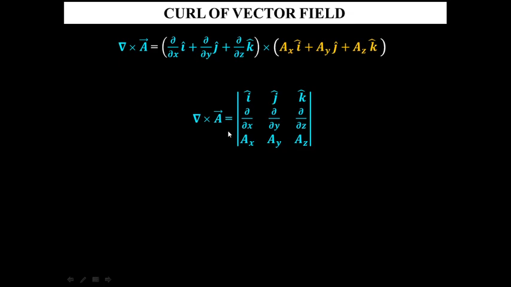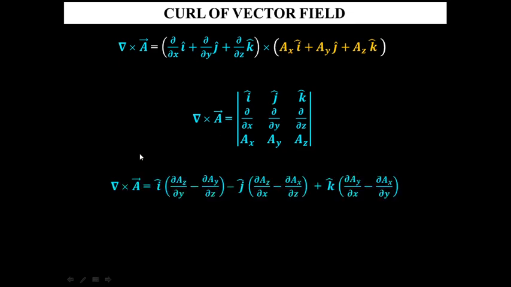So we will get the curl of vector A, that is del cross A vector, is equal to i times the bracket del Az by del y minus del Ay by del z, minus j times del Az by del x minus del Ax by del z, plus k times del Ay by del x minus del Ax by del y. So this is nothing but the curl of vector A.